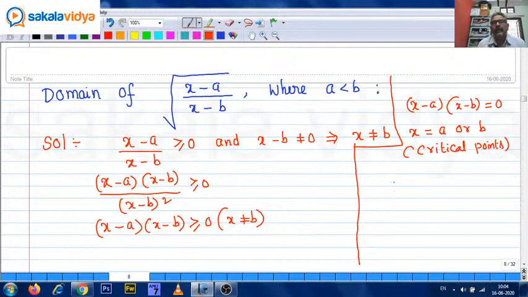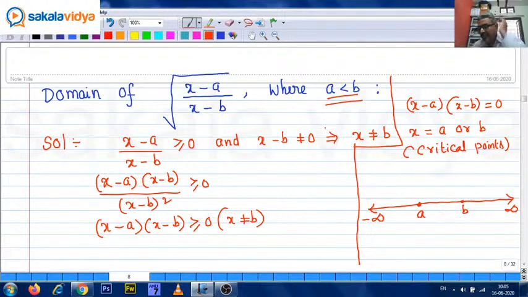So now you take a number line. This is minus infinity, this is plus infinity. Here what is the condition? a is less than b. Write a first. After that b; since a is less than b, b will be to the right of a. So now how many intervals do you need to write? 3 intervals.